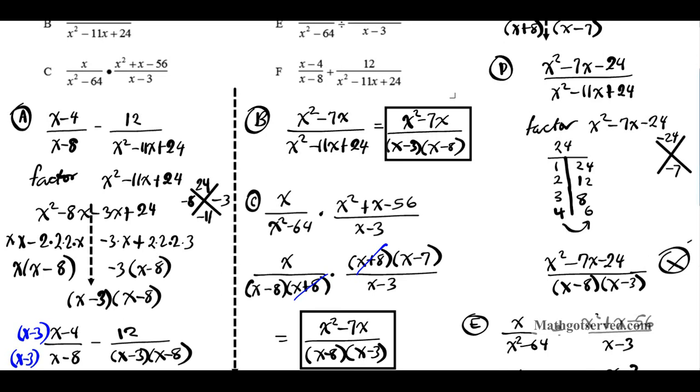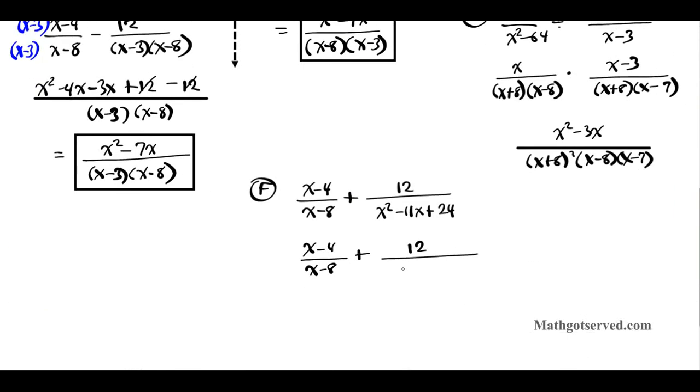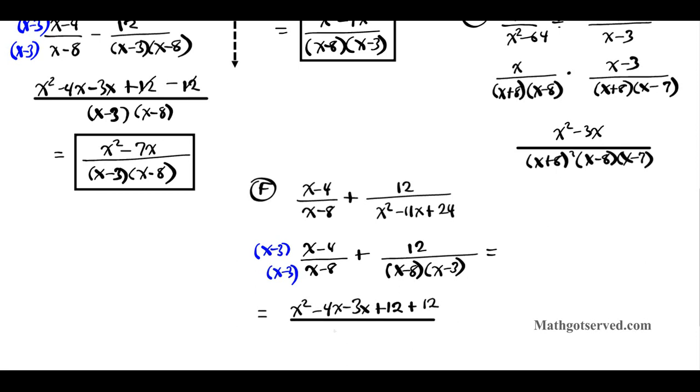All right, so let's put it in. We're going to have x minus 3 times x minus 8. Or x minus 8 times x minus 3, same thing. So multiply this side by what's missing here, which is x minus 3. X minus 3, x minus 3. When we expand it, for the left side here, we're going to have x squared minus 4x minus 3x plus 12 divided by x minus 3 times x minus 8.